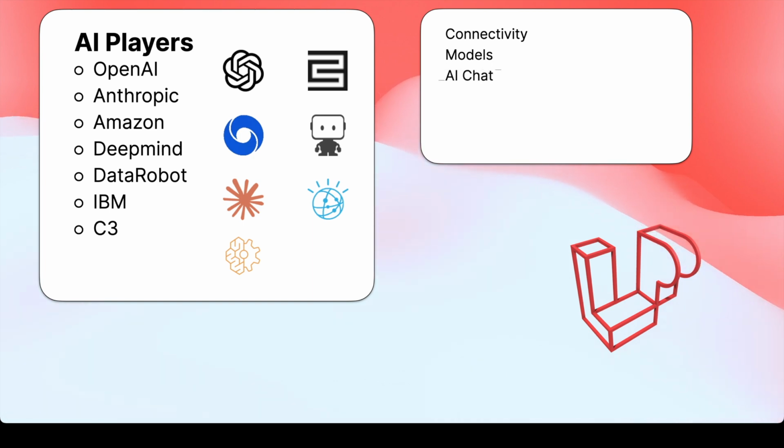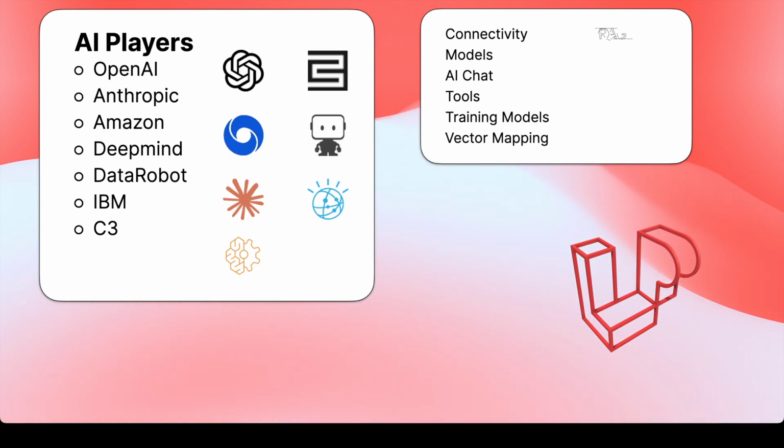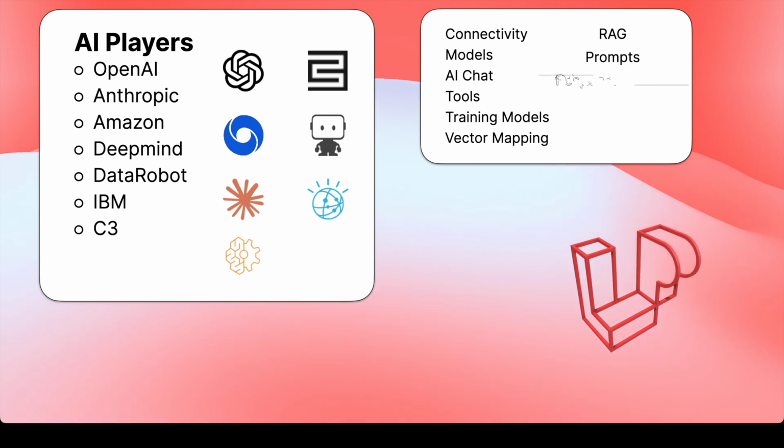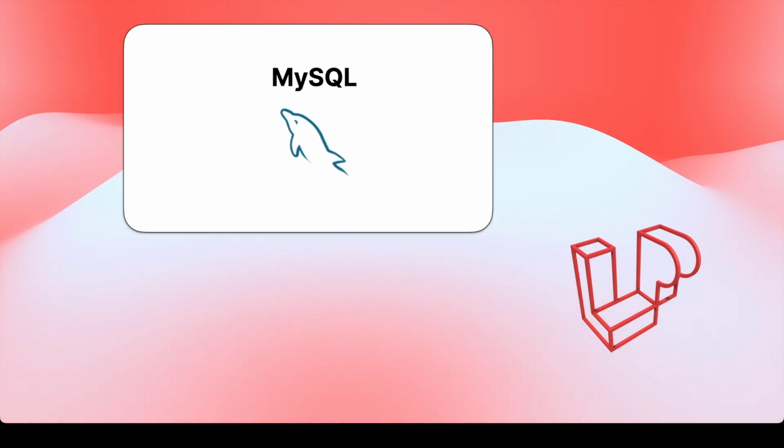Then you learn about models. One of the first interfaces you're probably going to work with is an AI chat interface. Then from there you're going to learn about a bunch of different tools: training models, vector mapping, a concept called RAG, prompts, response formatting, roles, temperature, and your knowledge will progress from there the more you use it.